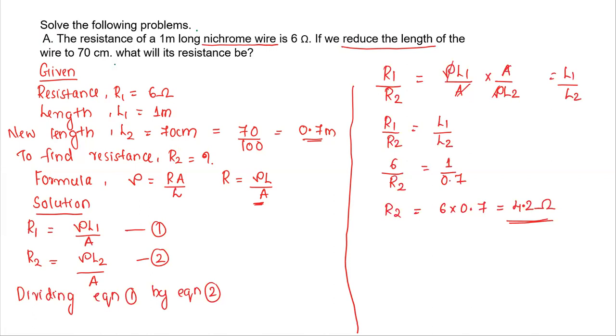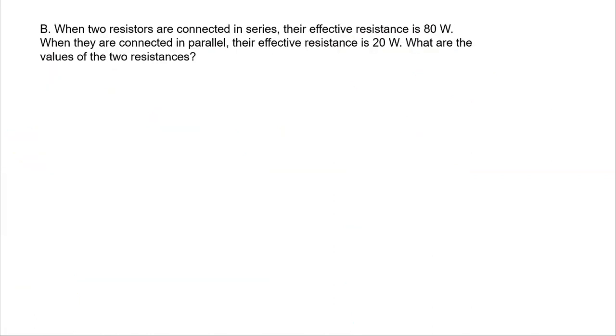I hope it is clear to you. Let us solve the next question. When two resistors are connected in series, their effective resistance is 80 ohm. So what is given in the question? Two resistors are connected in series and their effective resistance is given.